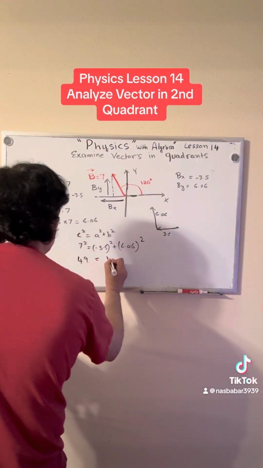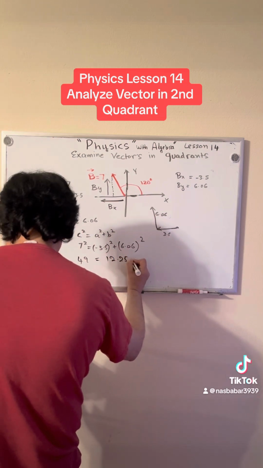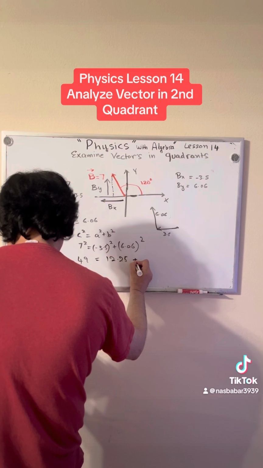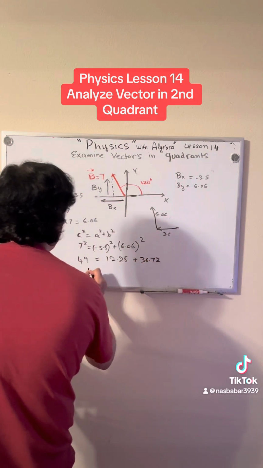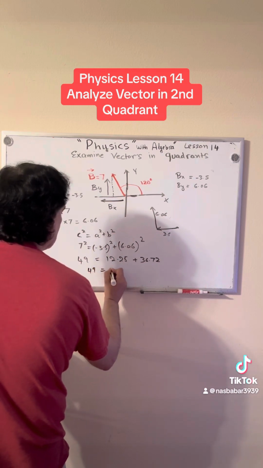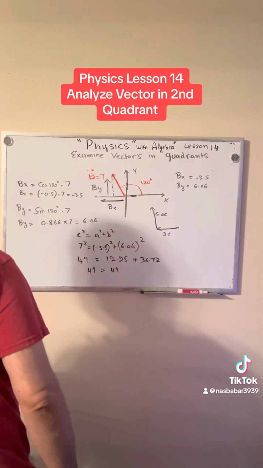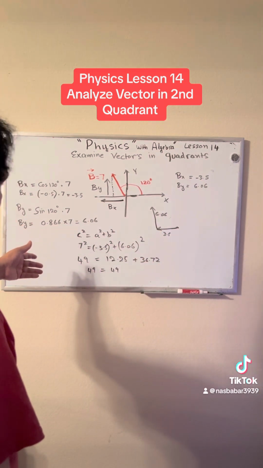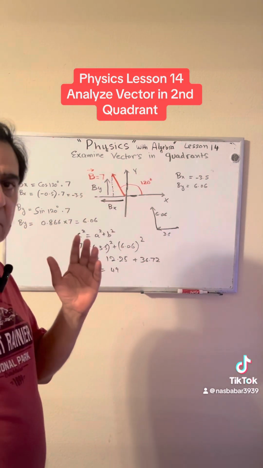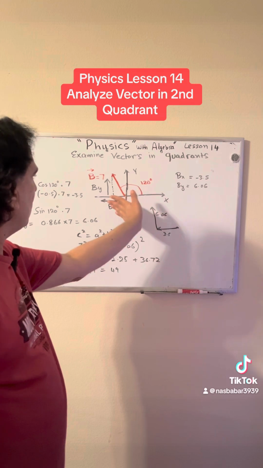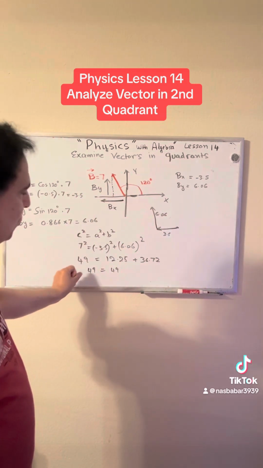And this is 12.25 plus 36.72. So 49 is almost the same as what we get on the right-hand side. So I proved to you that the vertical and horizontal components we calculated are verified through the Pythagorean theorem.